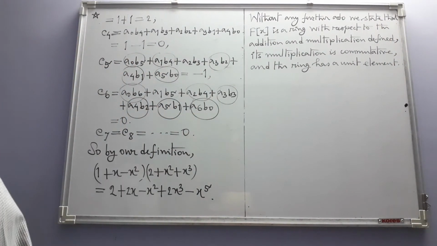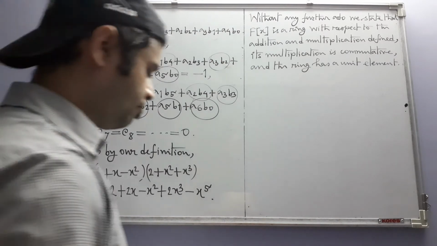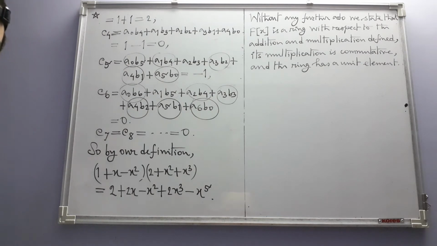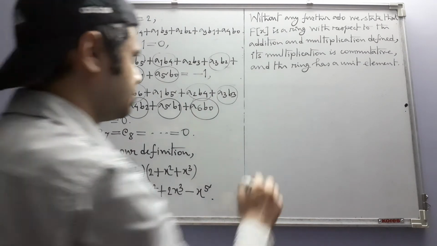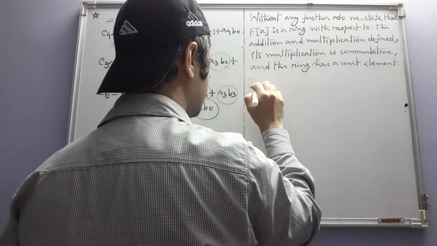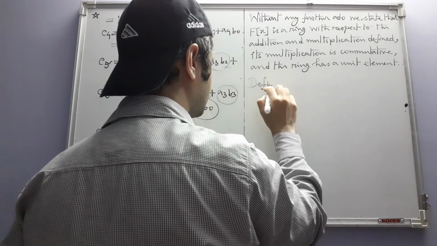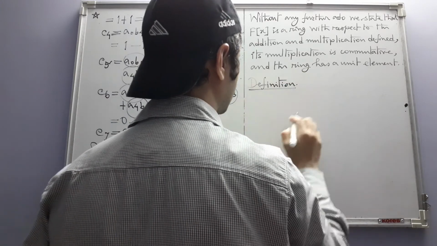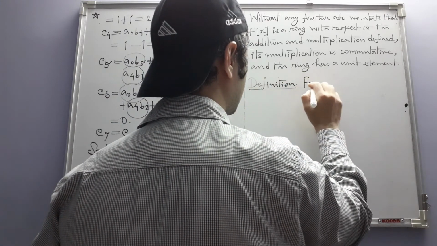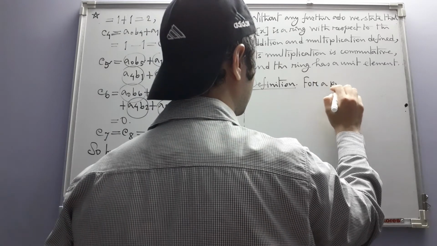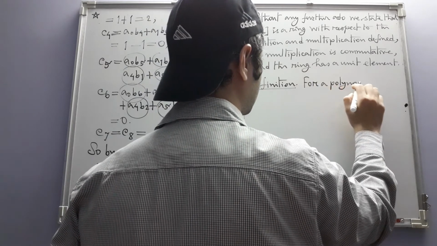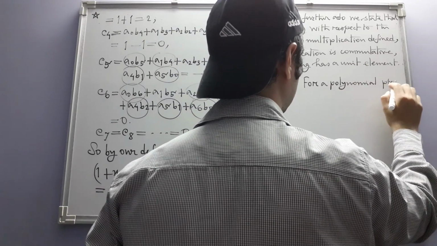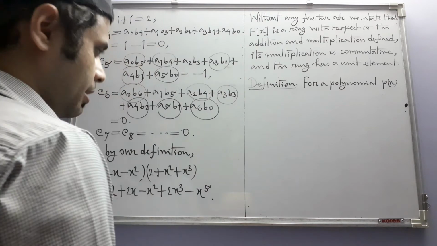Now next we are going to define something very important, namely the degree of a non-zero polynomial, and the definition goes like this: for a polynomial p(x), they have taken f(x).